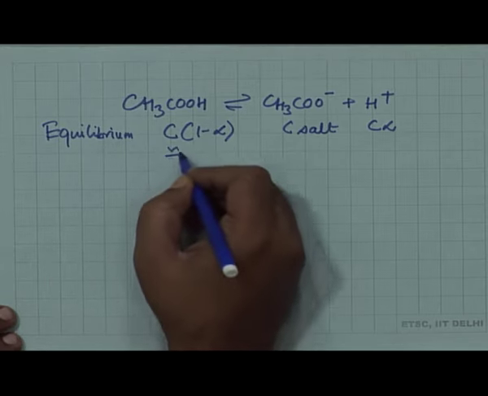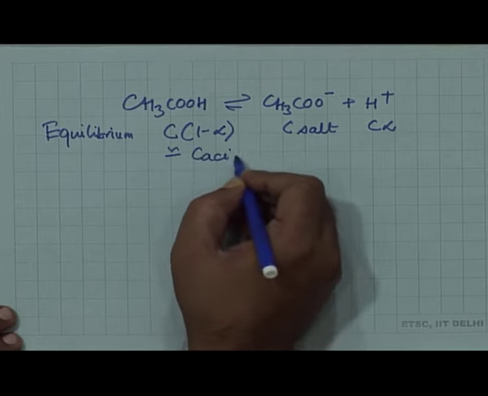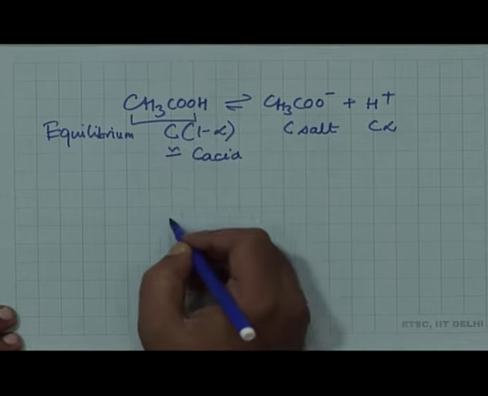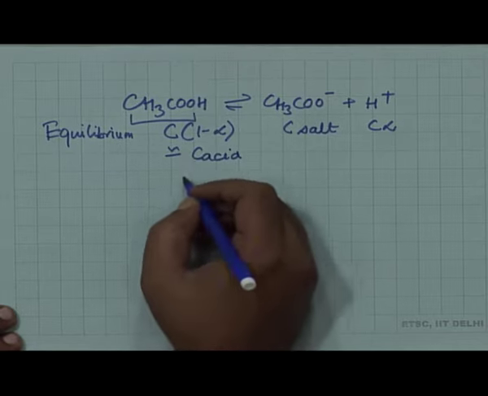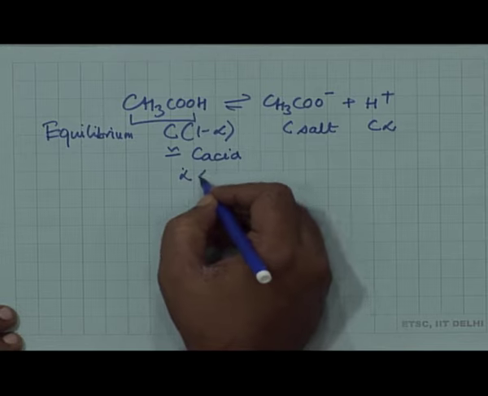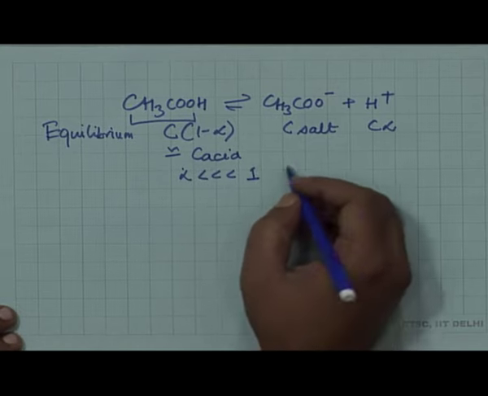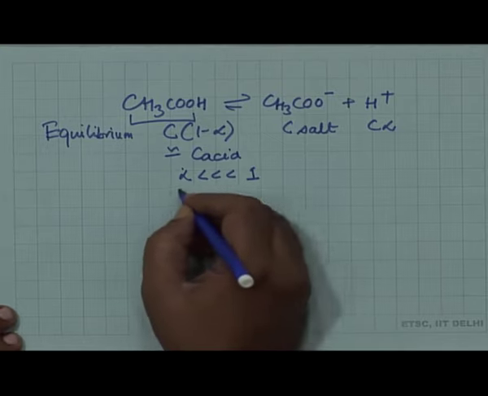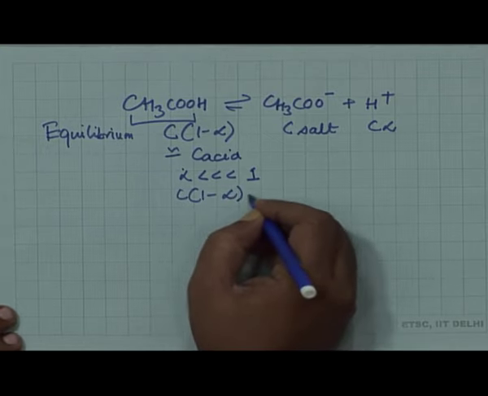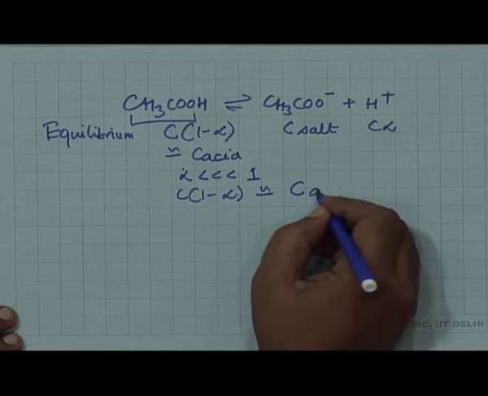This is also almost equal to C acid, since acetic acid is a very weak acid and alpha is quite smaller than 1. And so, we can simply write C into 1 minus alpha is almost equal to C acid.